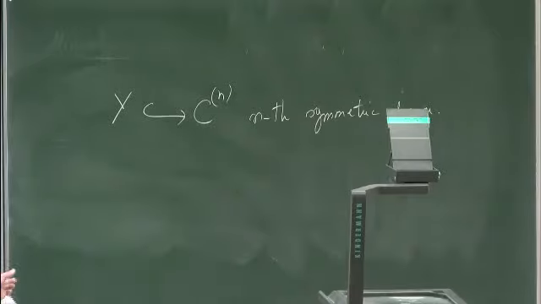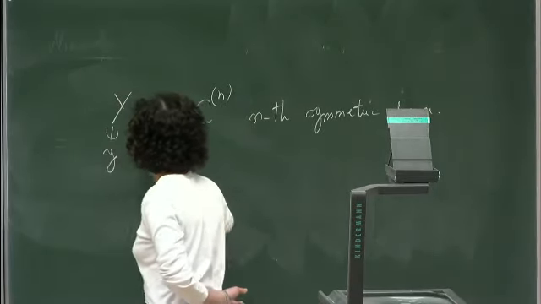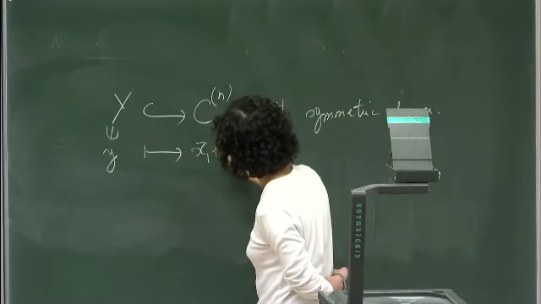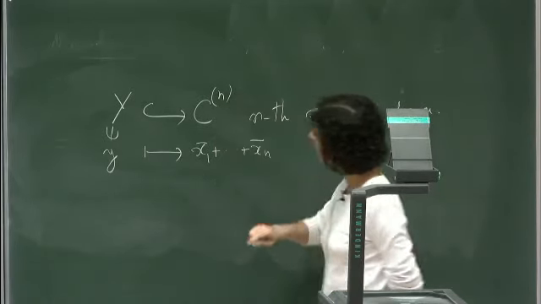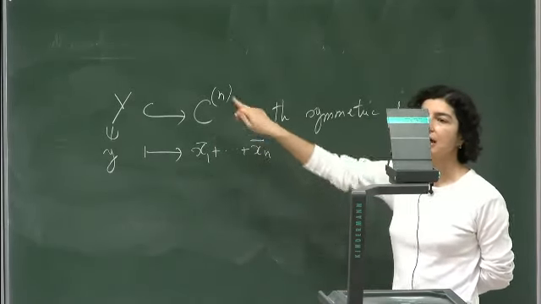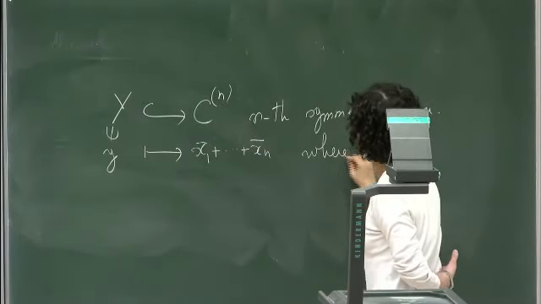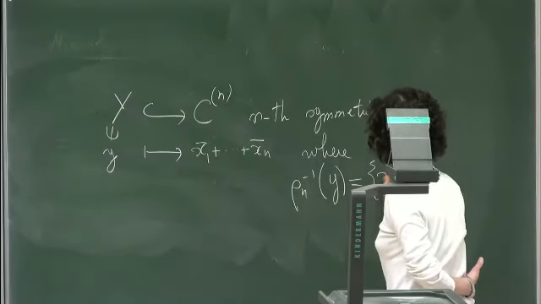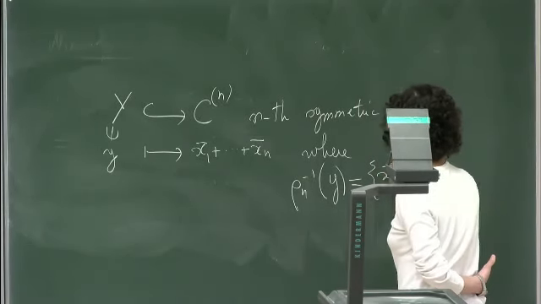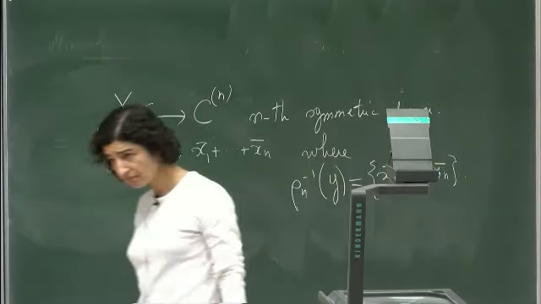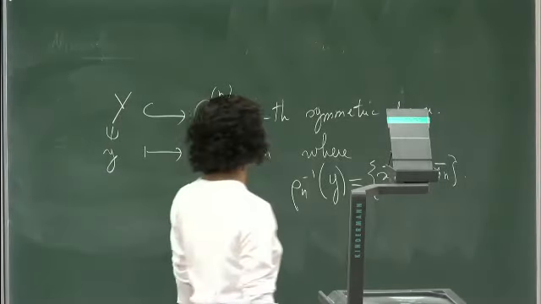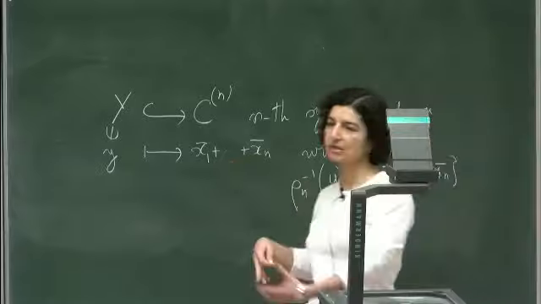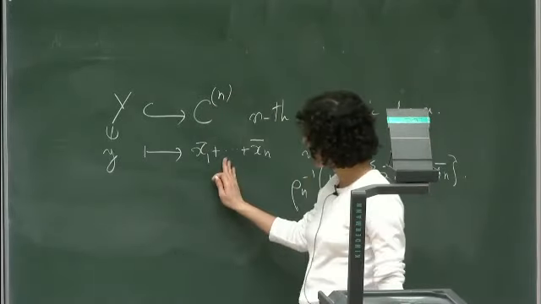I can take a point little y in Y, and I'm going to send it to x1 bar plus ... plus xn bar, where these are the pre-images of y inside C, where rho n inverse of y is those points. If little y is a branch point, then one of these is repeated. I said it was simply ramified, so there can only be one point repeated here.